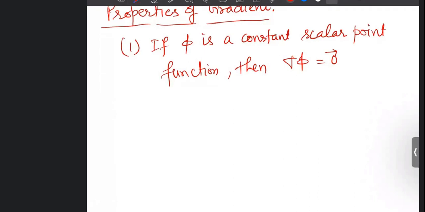So the gradient of a constant scalar point function is also 0.